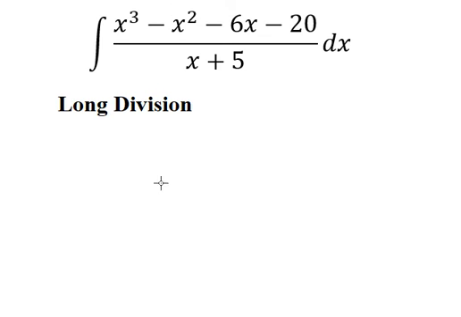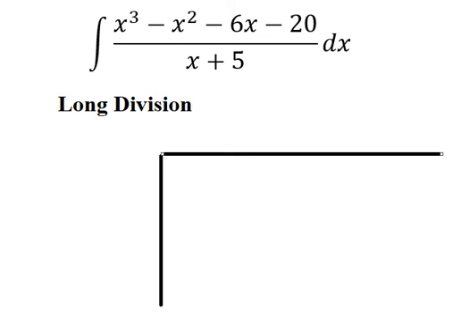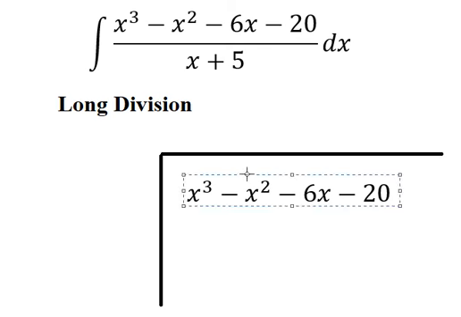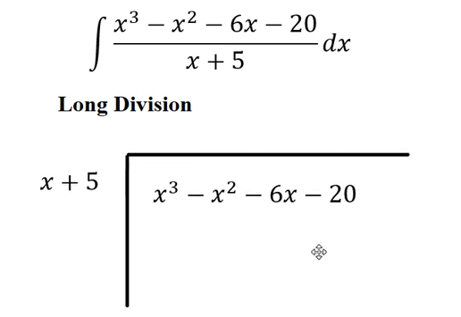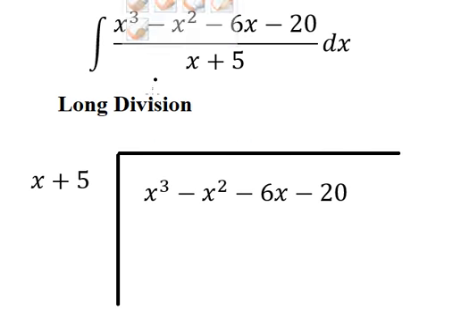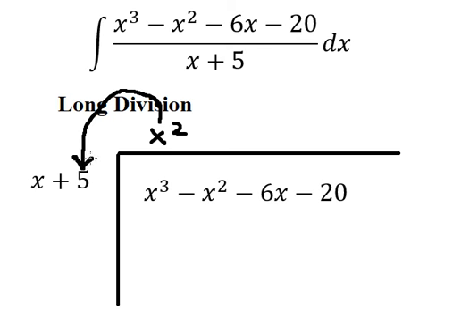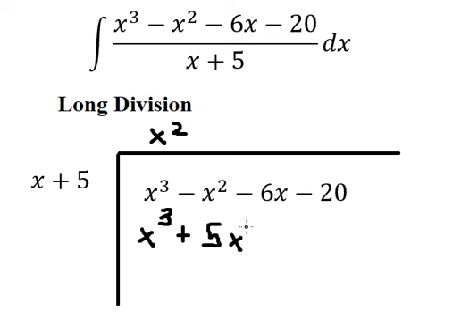So in this situation, I will put this one here and this one here, and now we have s to the power of 3, so that means in here we should have s squared multiplied by s and s squared multiplied by number 5, so we have s to the power of 3 plus 5s squared.